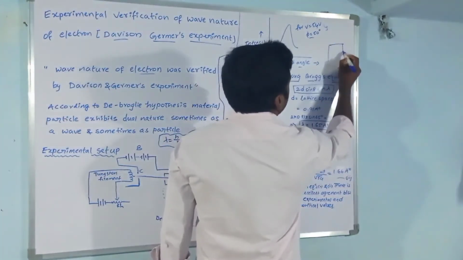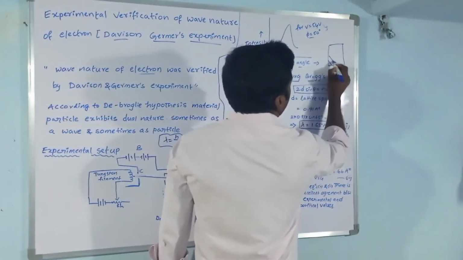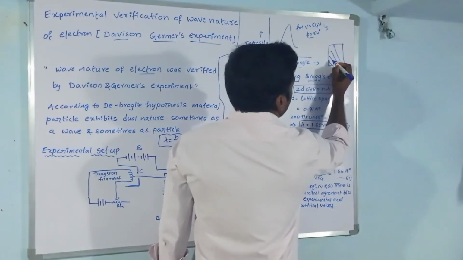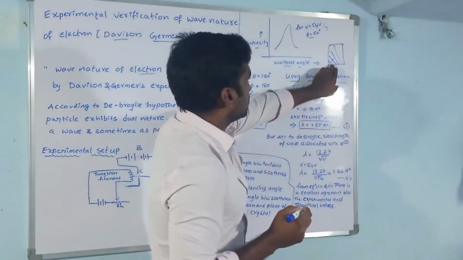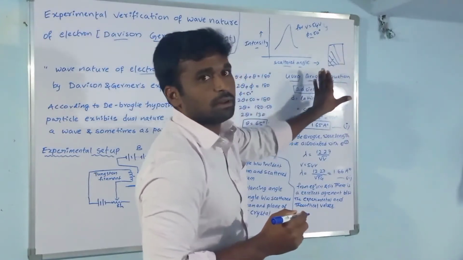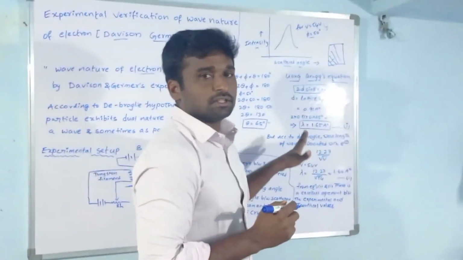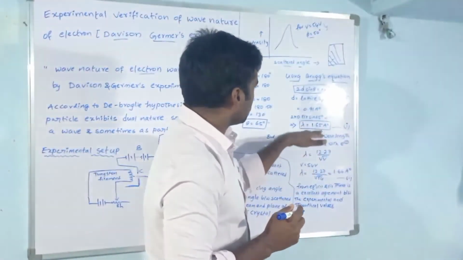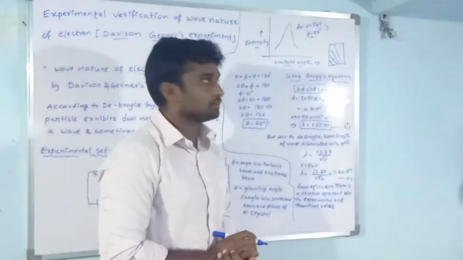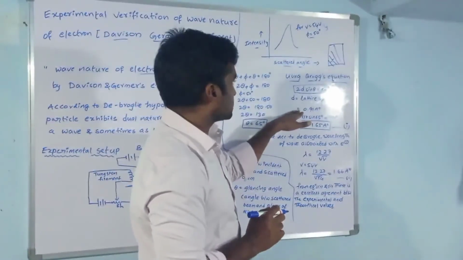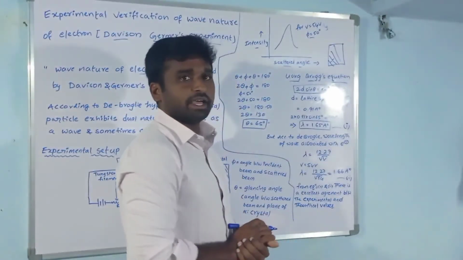Suppose this is a nickel crystal. It has different layers. The distance between these two layers is the lattice spacing. That spacing is approximately 0.91 angstrom. So d is equal to 0.91 angstrom.